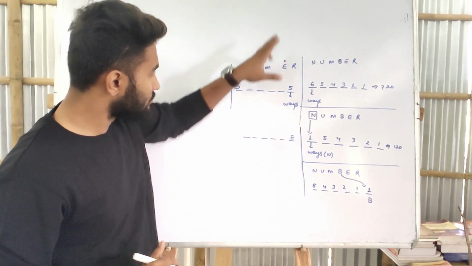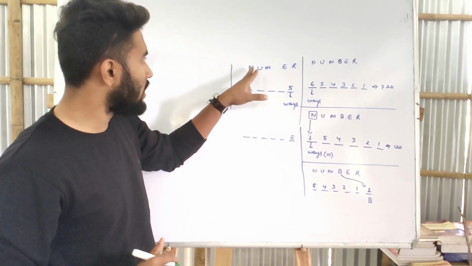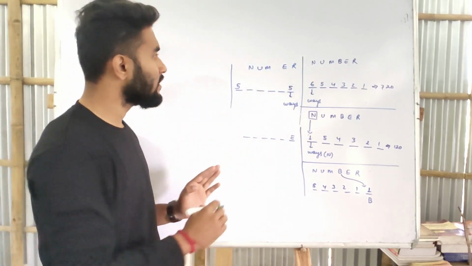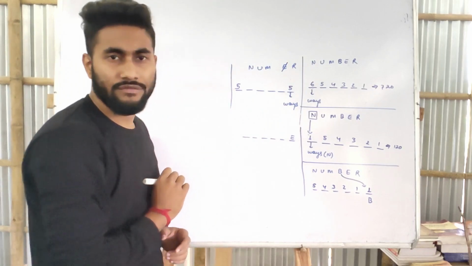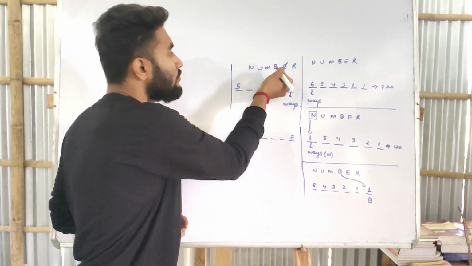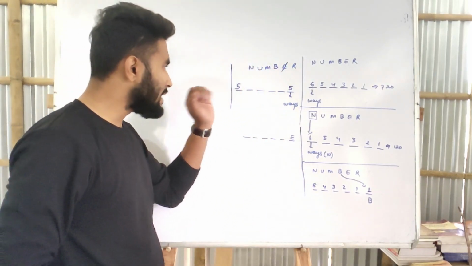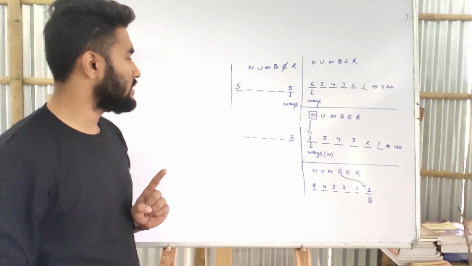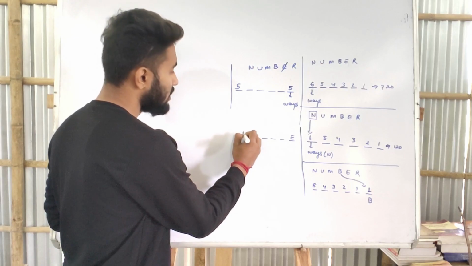Say E. But now we don't have E, but now we have B. B can come. So again 5 ways. Say for example U.